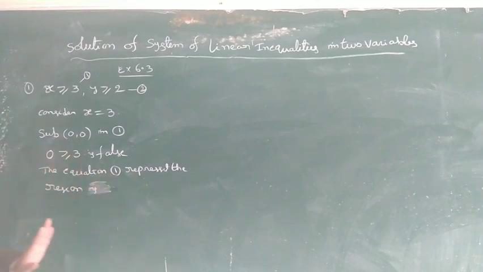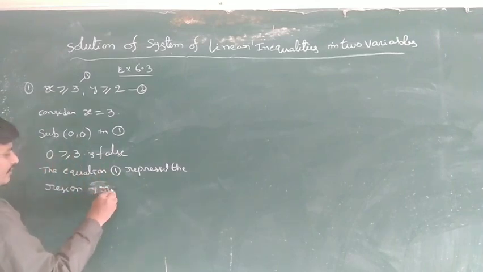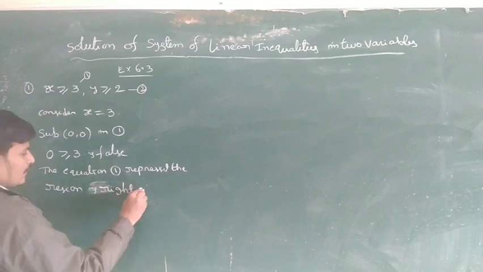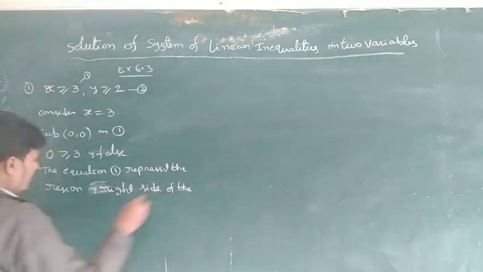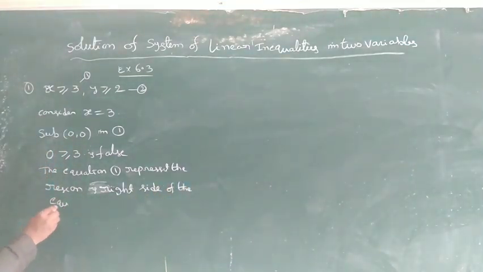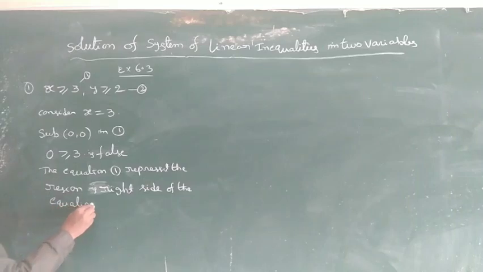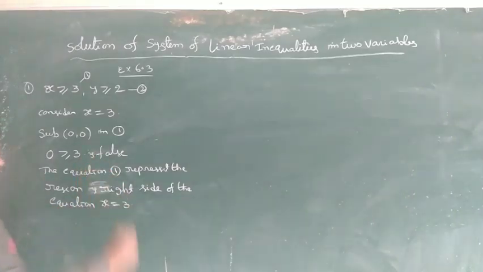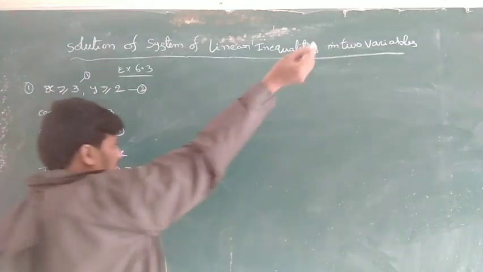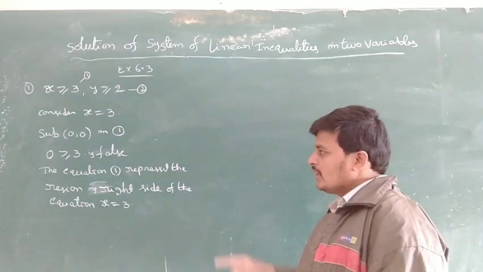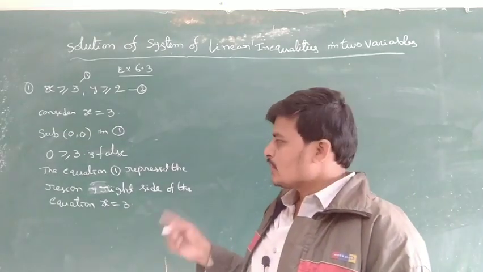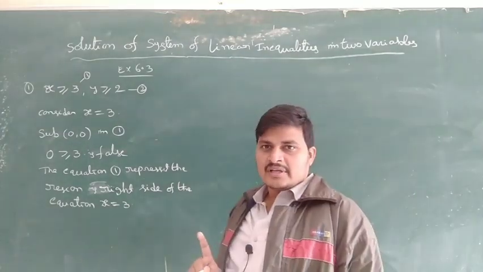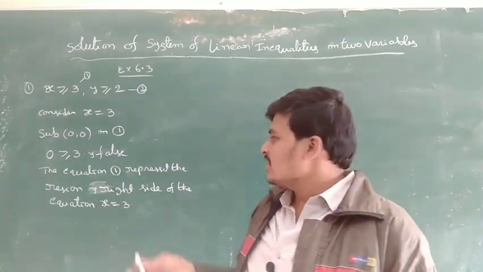This is opposite the origin, so it is the right side of the equation x is equal to 3. Any doubt? False means 100% opposite to the origin side. True means origin side. Clear and simple.